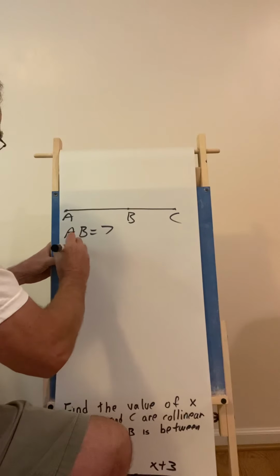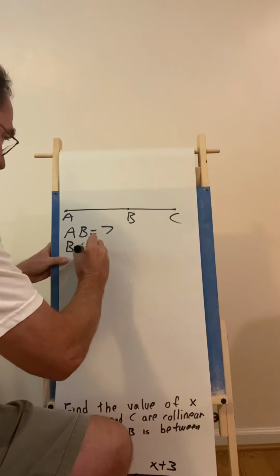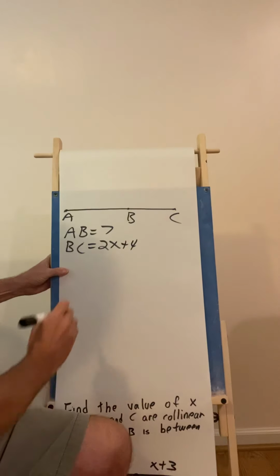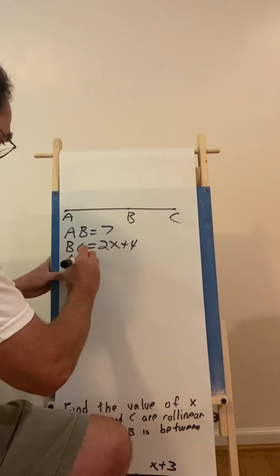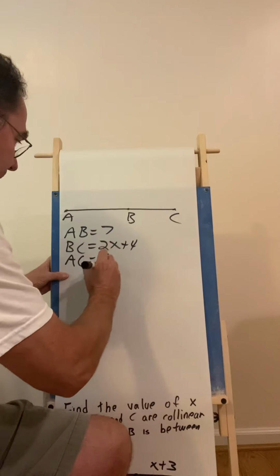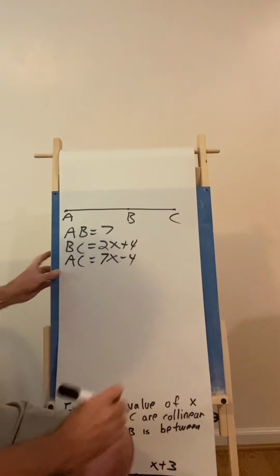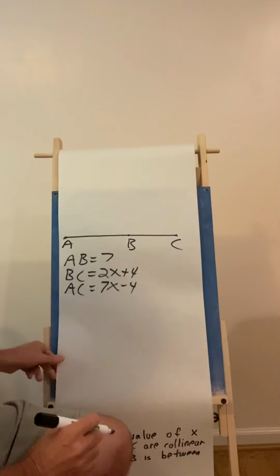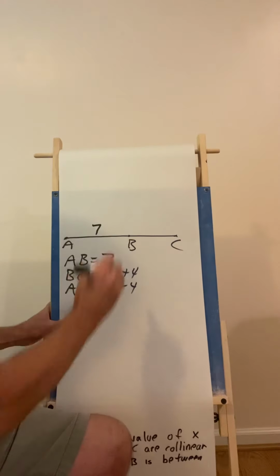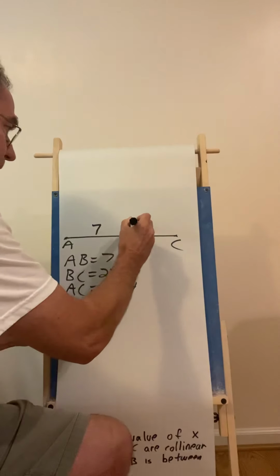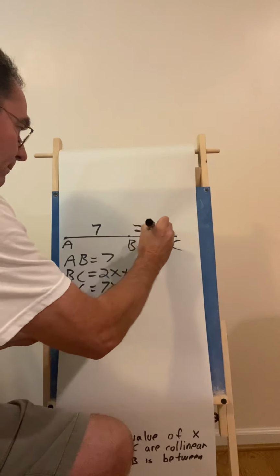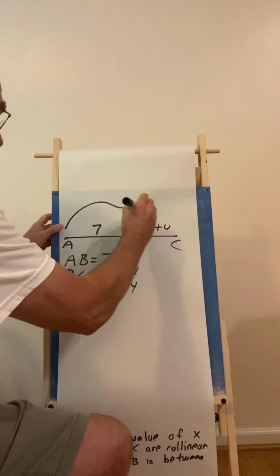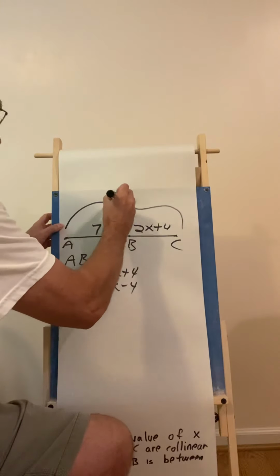BC is going to equal 2x plus 4. And AC is going to equal 7x minus 4. So if we label, we're going to have AB is 7, BC is 2x plus 4, and AC, the whole line segment, is going to equal 7x minus 4.